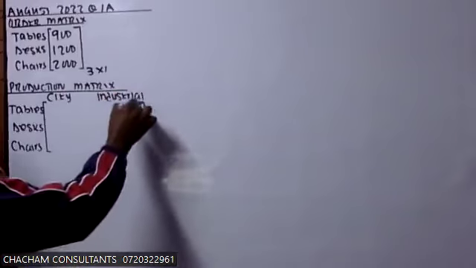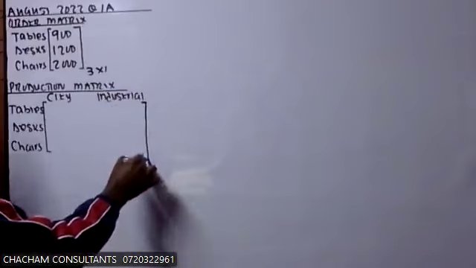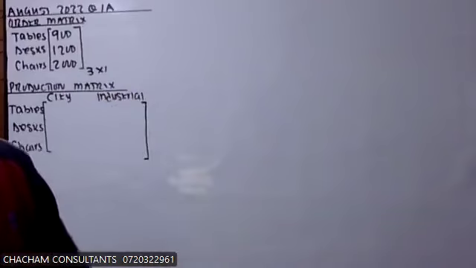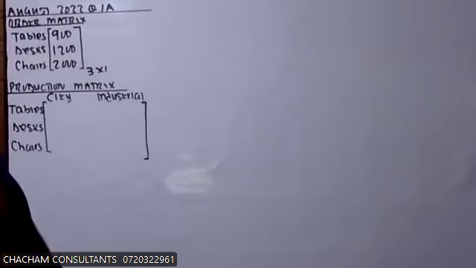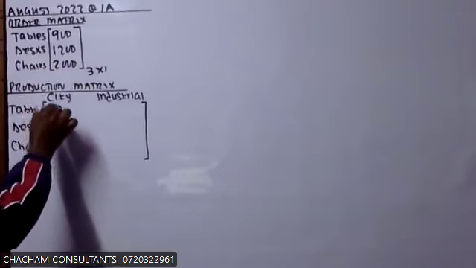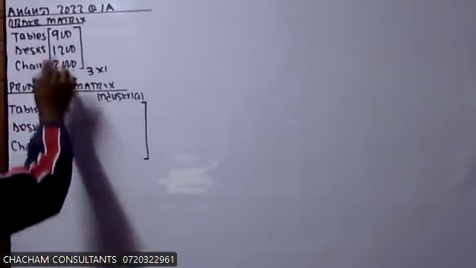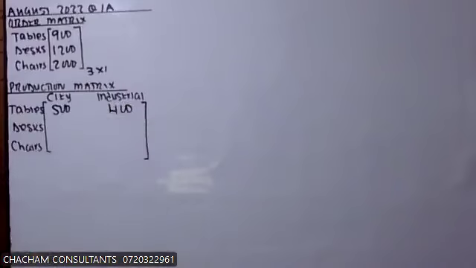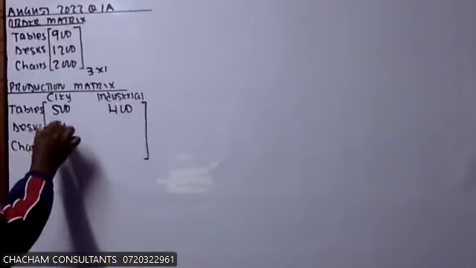They have decided that 500 tables come from the city. So from these 900, industrial will do 400. Then desks, city will do 800.